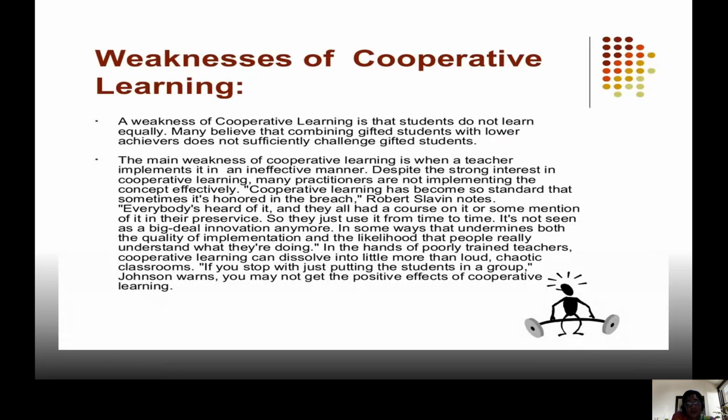So if there is a strength, there is also a possible weakness of cooperative learning. The weakness of cooperative learning is that the students do not learn equally. Many believe that combining gifted students with lower achievers does not sufficiently challenge gifted students.